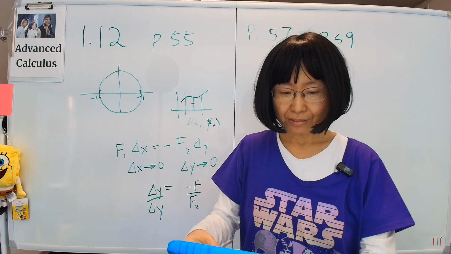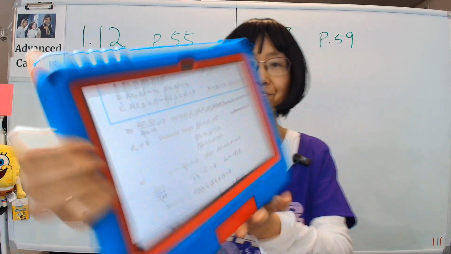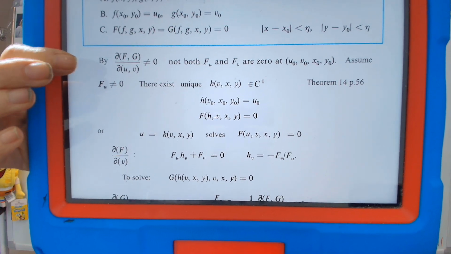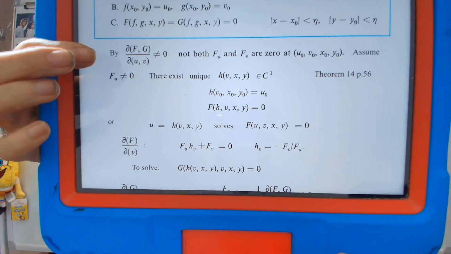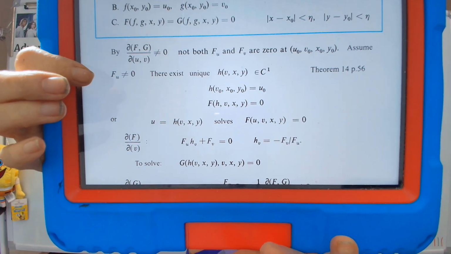All right, now that I've said all that, let's look at the proof. The proof says because the Jacobian of F, G with respect to u, v is not 0, then F_u and F_v cannot both be 0, otherwise the Jacobian would be 0. So let's say F_u is not 0.